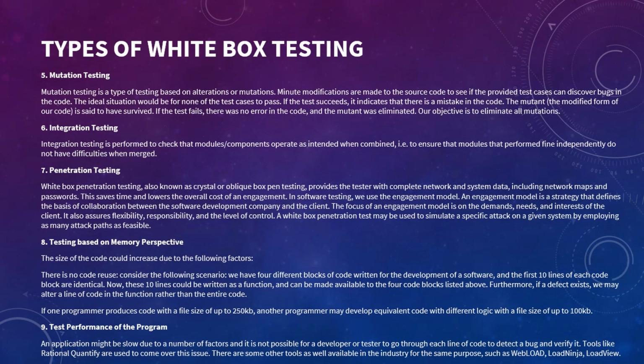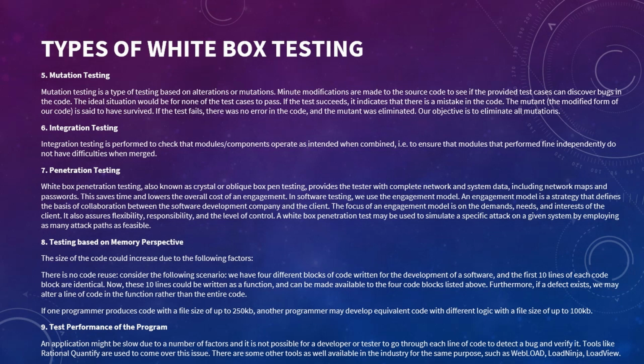Furthermore, if a defect exists, we may alter a line of code in the function rather than the entire code. If one programmer produces code with a file size up to 250 KB, another programmer may develop equivalent code with different logic with a file size up to 100 KB.